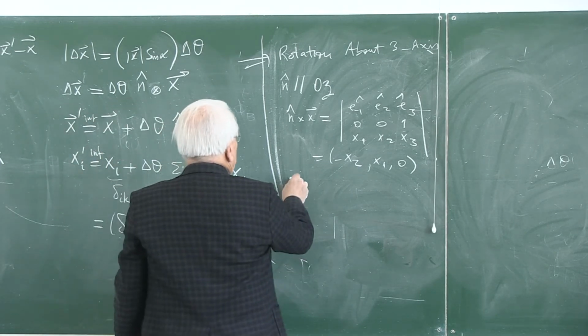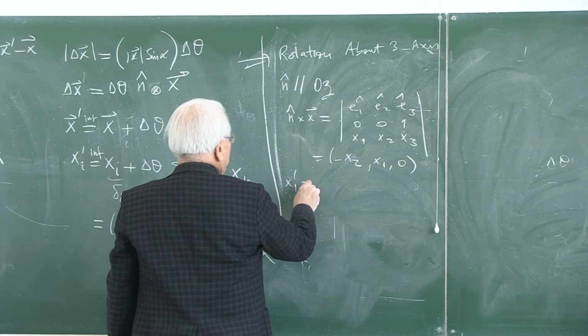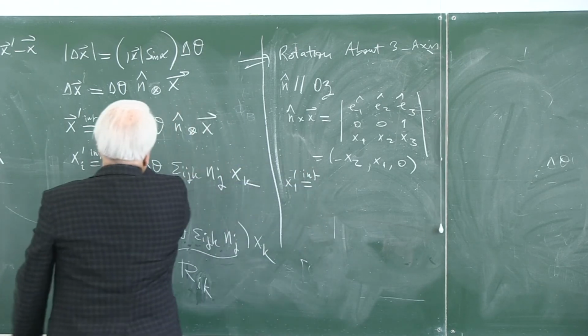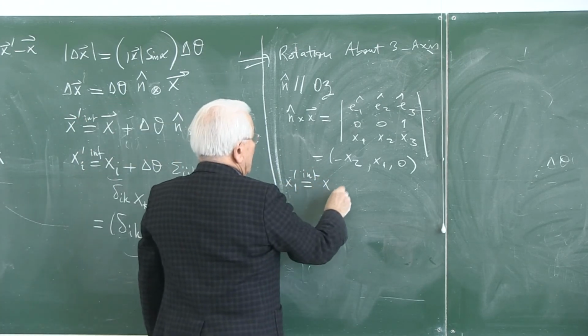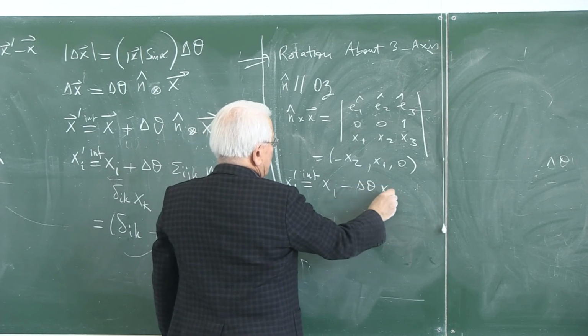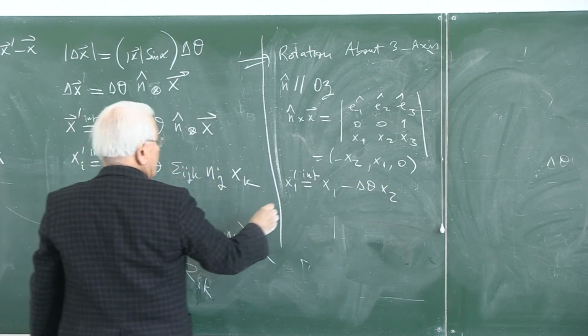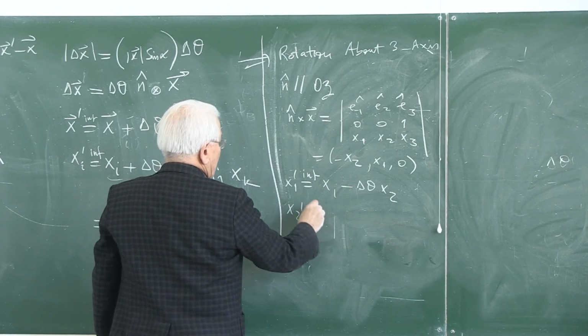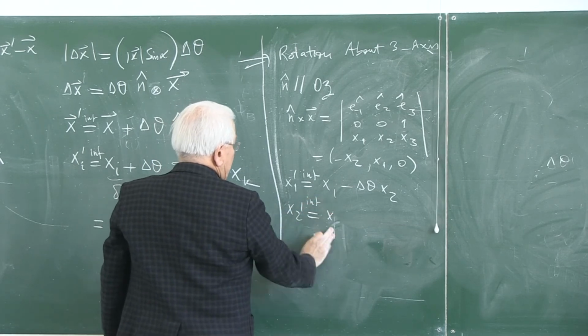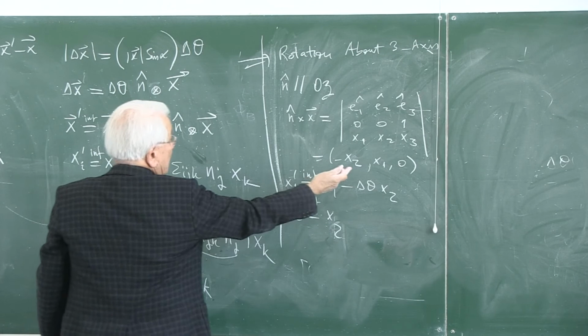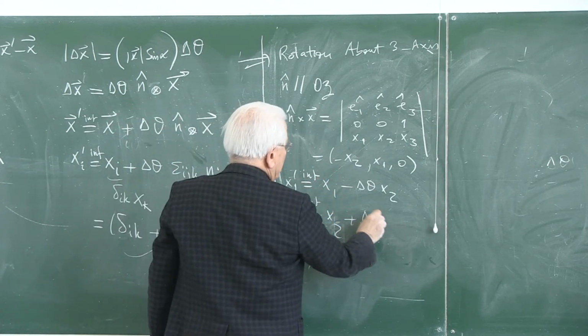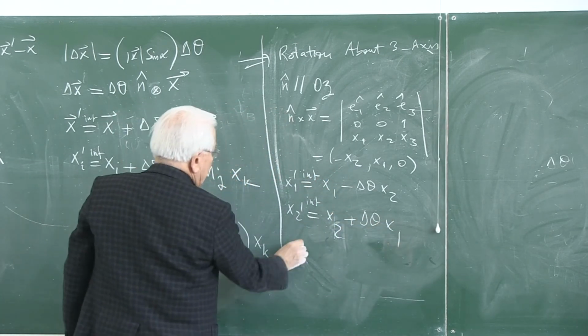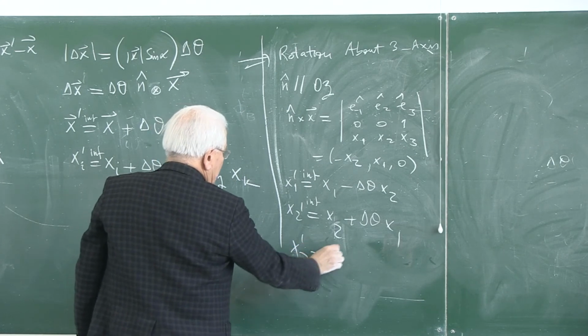Therefore, x1 prime is x1 minus delta theta x2, and x2 prime is x2 plus delta theta x1, and x3 prime is x3.